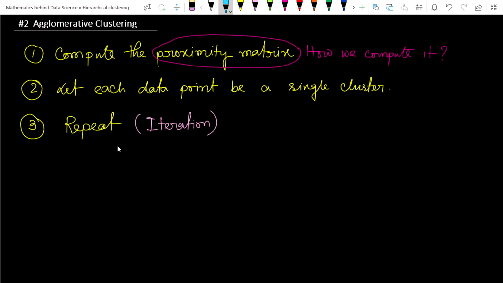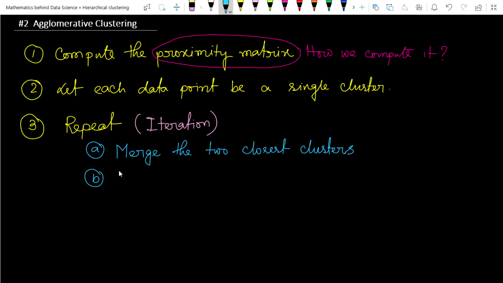Now in each iteration, we will merge the two closest clusters.